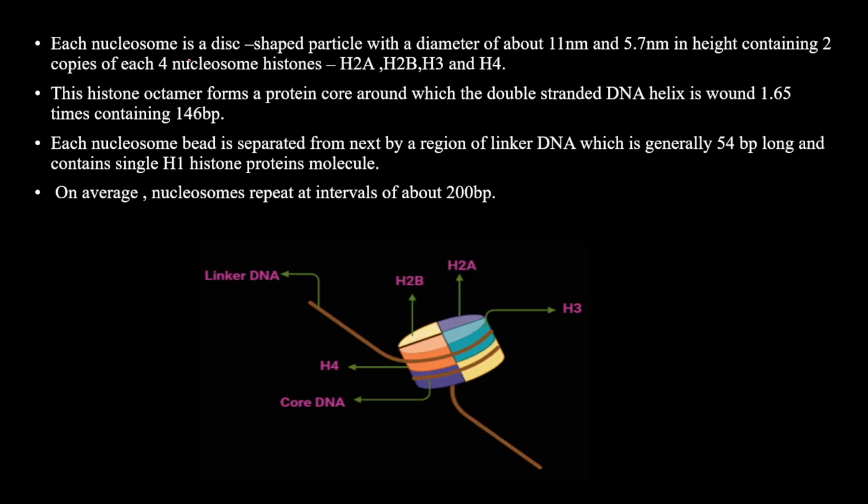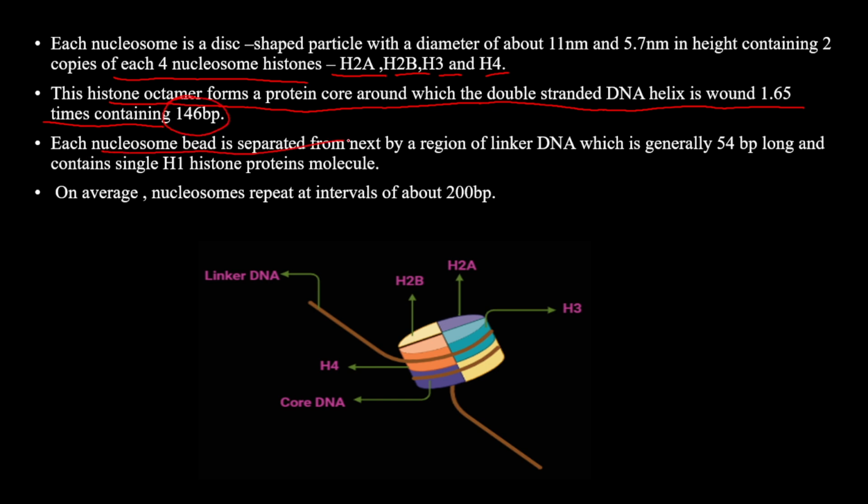Each nucleosome is a disc-shaped particle with a diameter of 100 nanometer and 5.7 nanometer in height, containing 2 copies of each of the 4 nucleosome histones such as H2A, H2B, H3 and H4. This histone octamer forms a protein core around which the double stranded DNA is wrapped 1.6 times, containing 146 base pair.